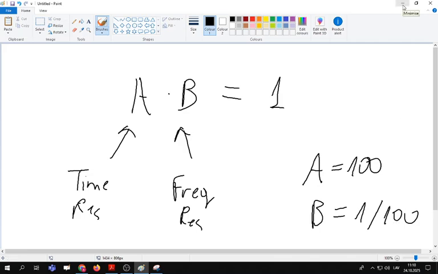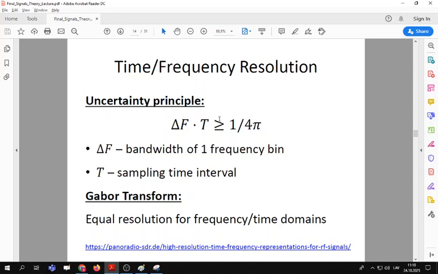Another problem is that it's very difficult for us to trade one for another, actually. So wavelet transform, for example, is a little bit better in this sense, so we'll study that definitely as well. But at the end of the day, we still can only choose one number, and the problem is that when you choose one number, the second one is chosen for you automatically.